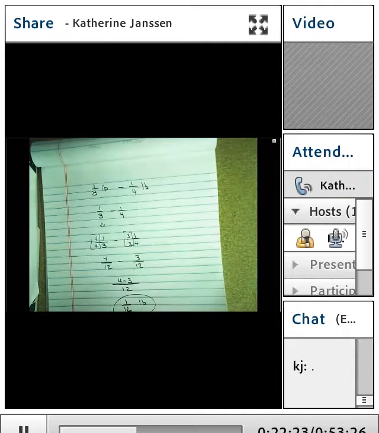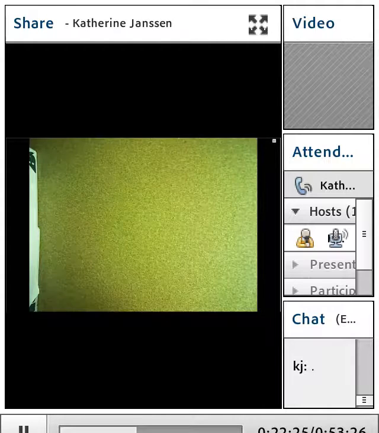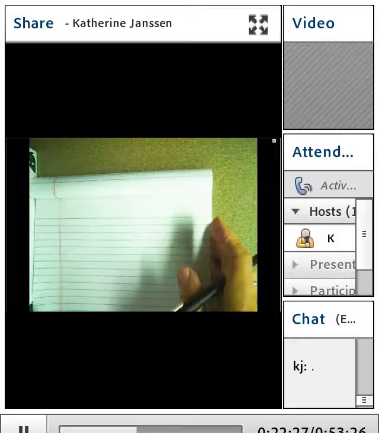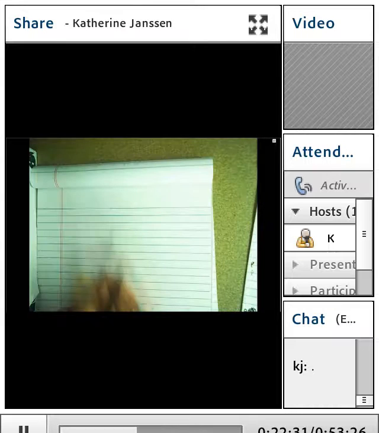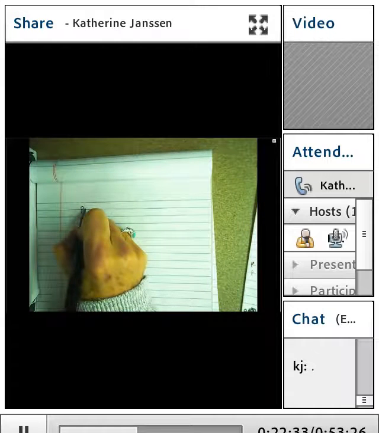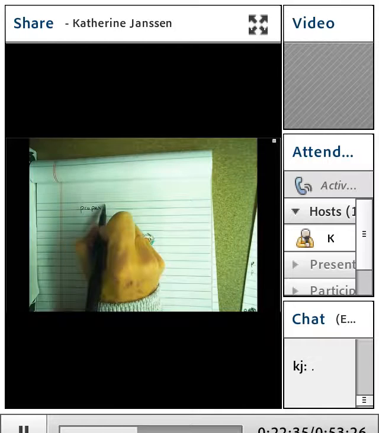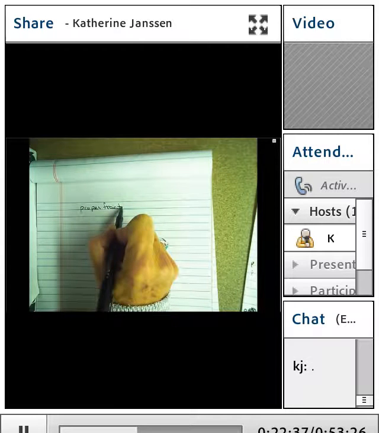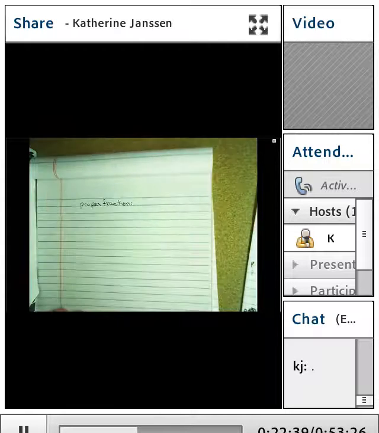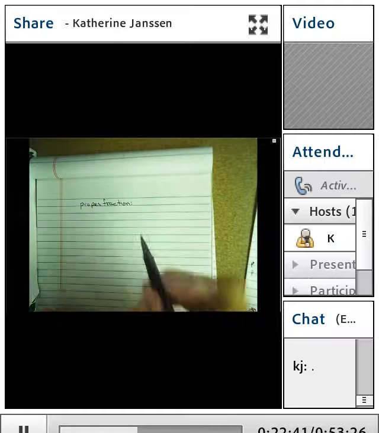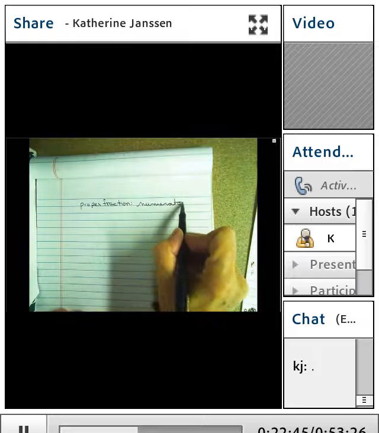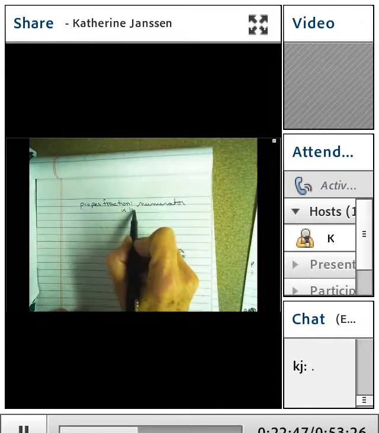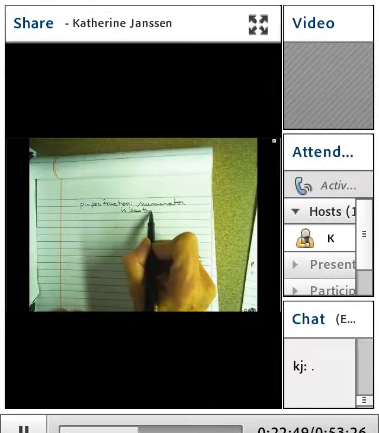Well, then we start looking at some terminology regarding fractional use. When we talk about a proper fraction, the numerator is less than the denominator.